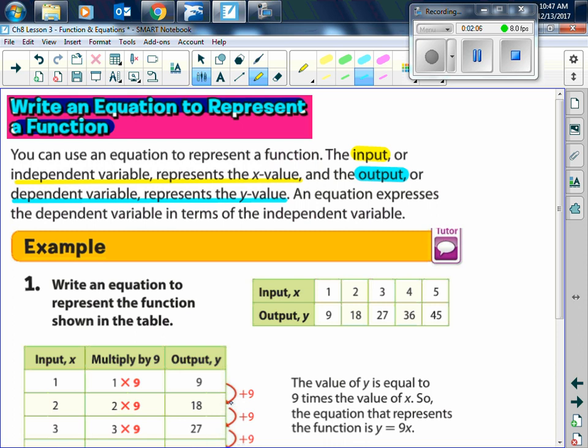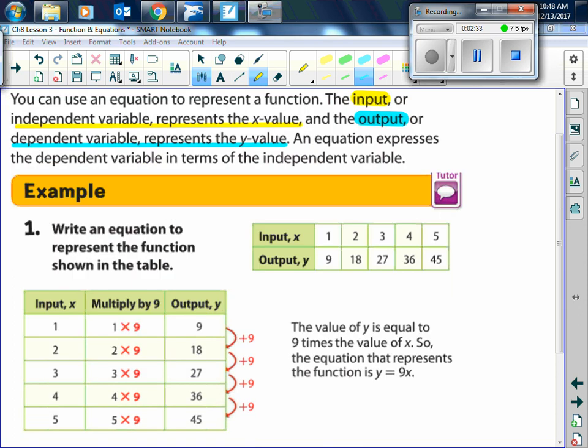Those all represent the same thing, the x value, the first one. The output, or the y value, the output, or the dependent variable. Those all three represent the same thing. Okay? It says an equation expresses the dependent variable in terms of the independent variable.